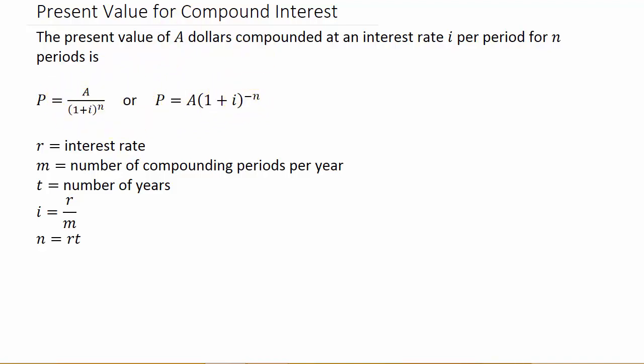All this formula is this part moved up across the fraction bar. And remember, when you move something across the fraction bar, it just changes the sign of the exponent. That's why that's negative.